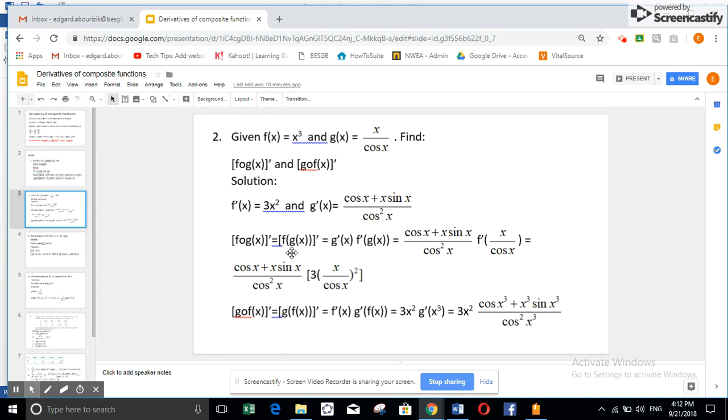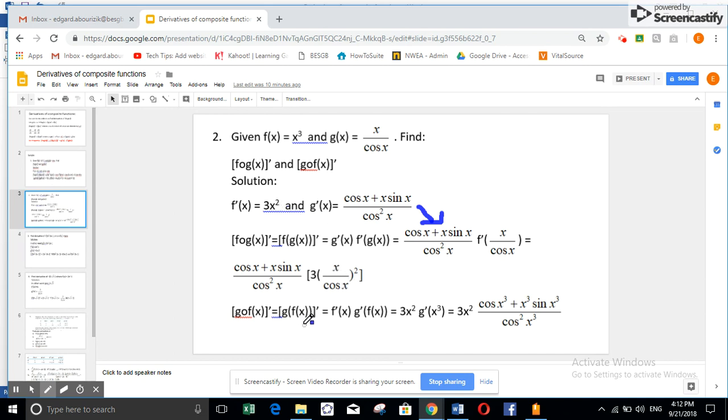As I said, I take g of x, I do its derivative times f prime of g of x. I keep g of x as it is. G prime, we did it, is this whole expression. I write it here. And f prime of g of x, this is g of x. So I go to f prime, I replace this x here by x over cosine x. So I get 3 times x over cosine x, and I square it.